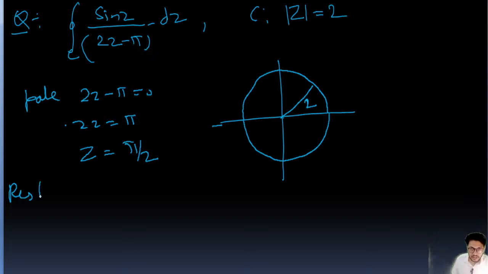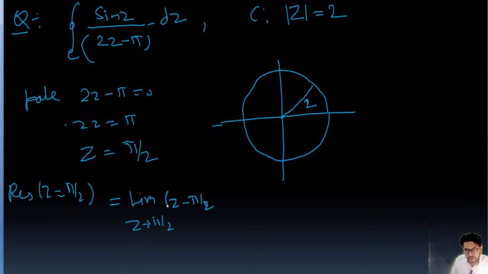So the residue at z equal to pi by 2 is limit z tends to pi by 2 of (z minus pi by 2) into sin z upon 2z minus pi, right, this one. We'll solve it further.